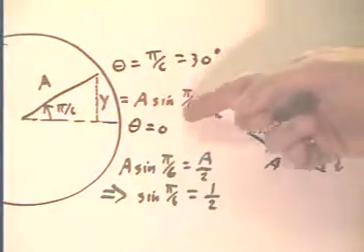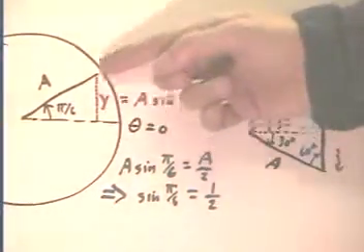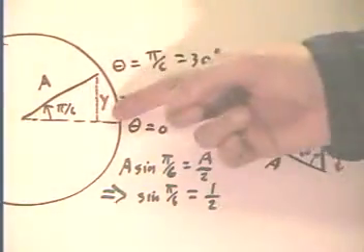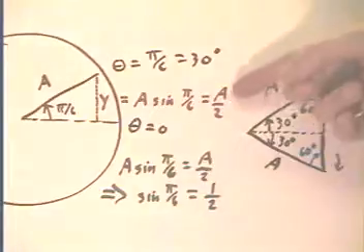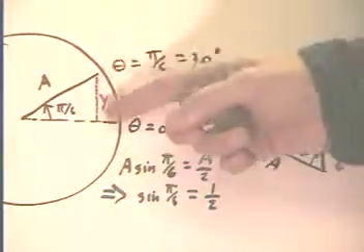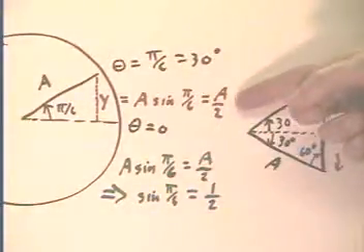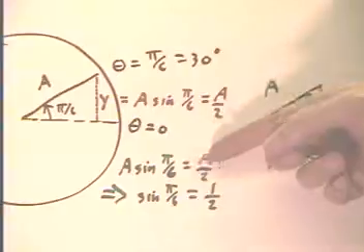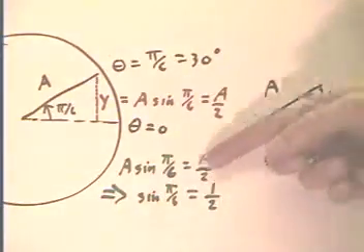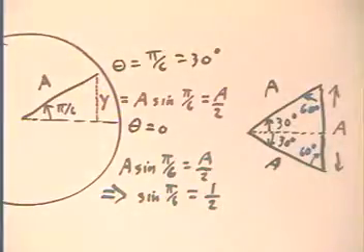Now, a sine pi over 6 is just the y-coordinate of this point, as we've seen. And we're saying here that a sine pi over 6 is a over 2. We'll see in a minute why that's equal to a over 2, why this y-coordinate has to be a over 2 for this angle. But let's accept for a moment that it is. Then we see that a sine pi over 6 is a over 2, so that the sine of pi over 6 is 1/2, as we obtained by dividing both sides here by a.